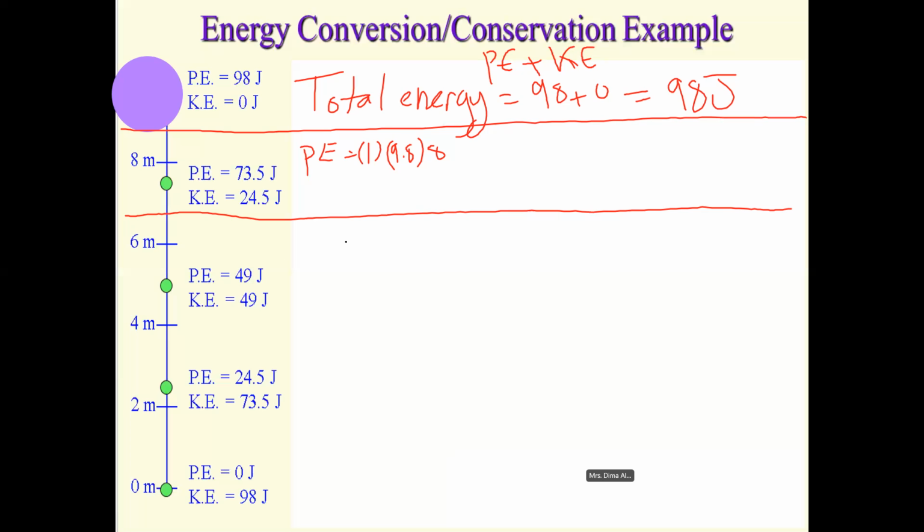No, I'm sorry. Back. Now 9.8 times 8. Let's multiply it now on the calculator here. It is 78.4. So it's not at 8. We find the potential energy here at maybe 7.5. Let's try 7.5.